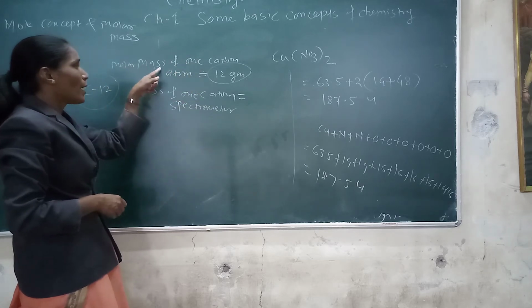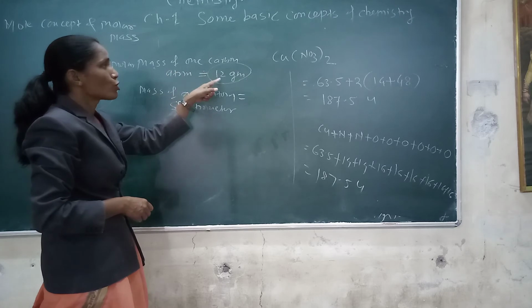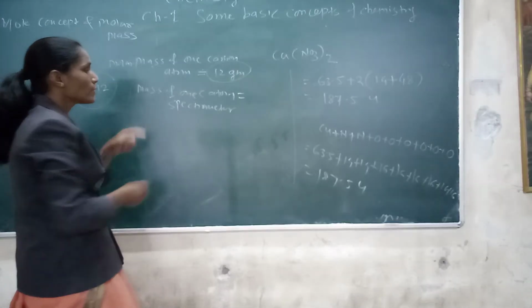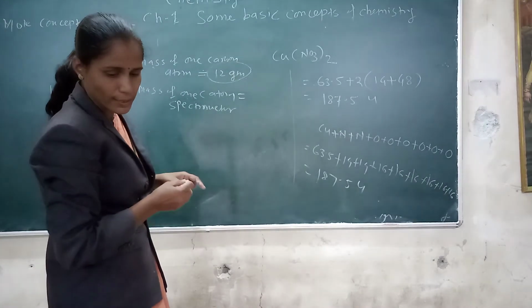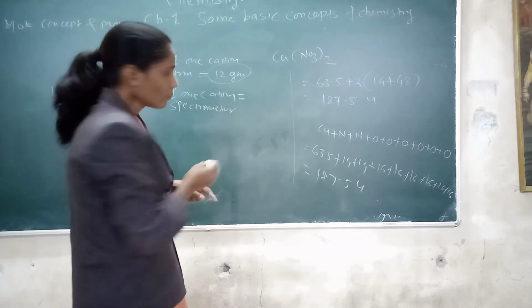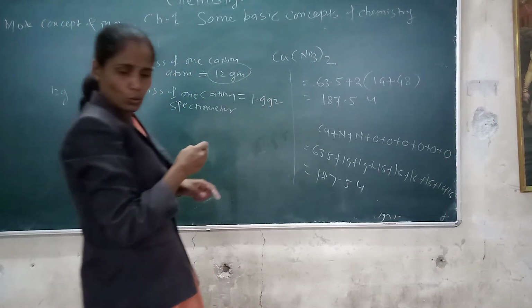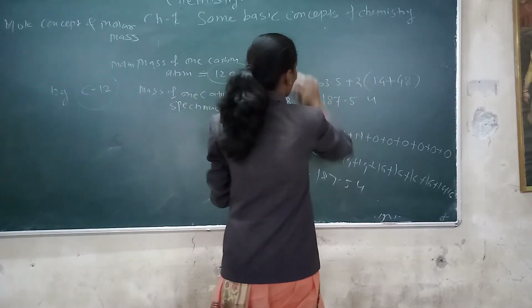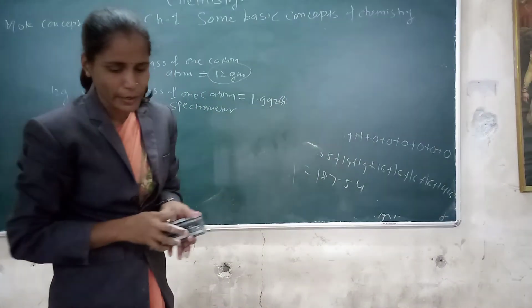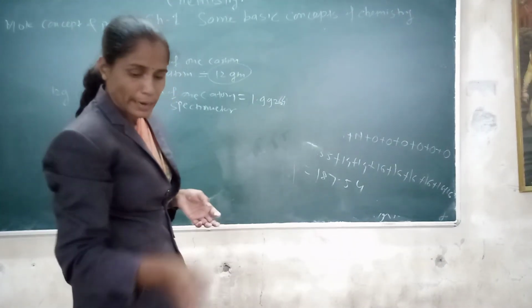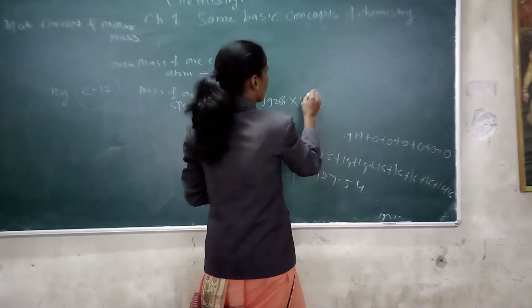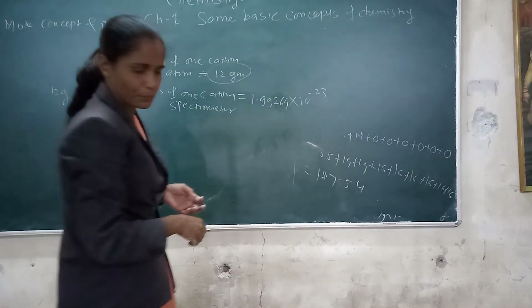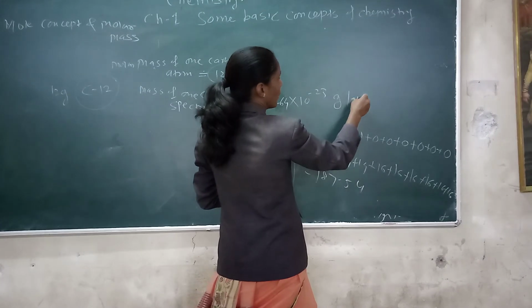Molar mass means 1 mole of carbon shows 12 gram, and weight of 1 carbon atom is the quantity 1.99268 into 10 raised to minus 23 gram per atom.